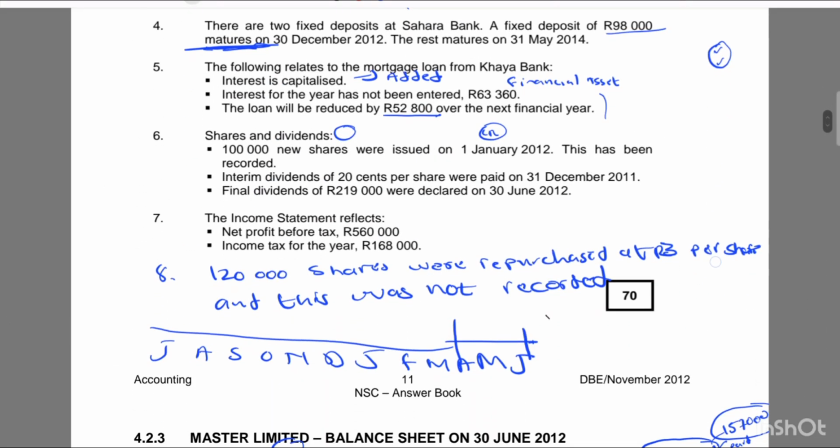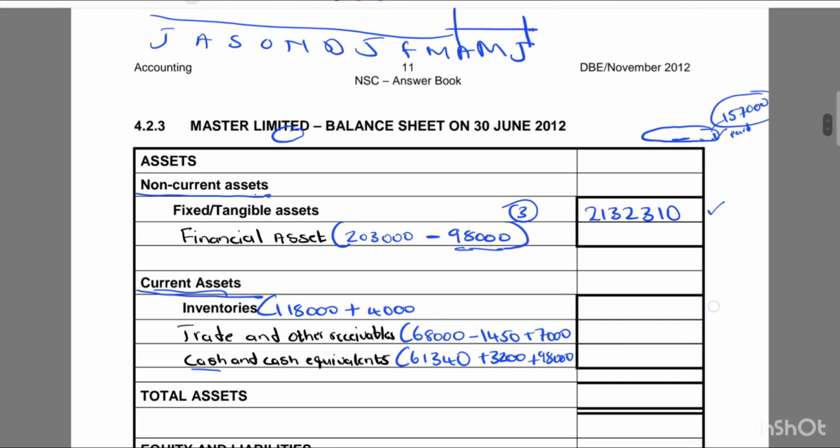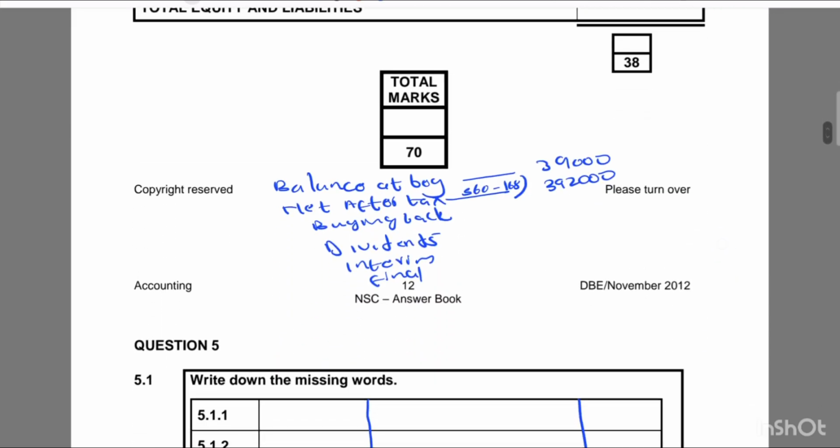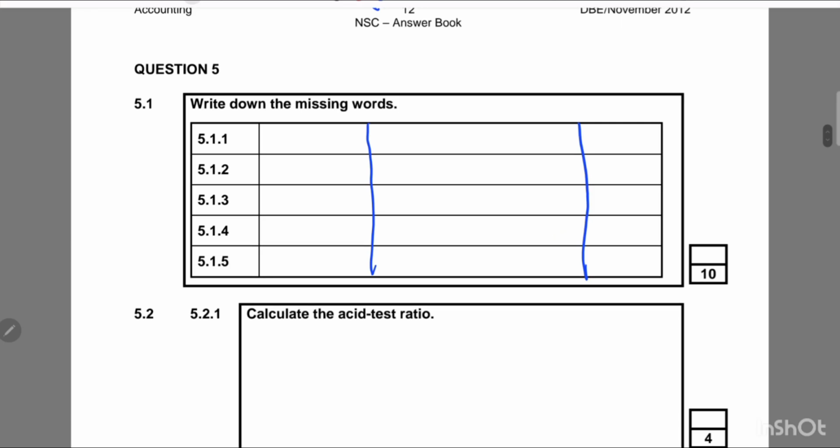It means that the 730 includes the 100,000 shares which were issued during the year. So how do I get the shares that were issued at the beginning of the year? It's going to be 730 minus the 100, so that means 630,000 shares issued at the beginning of the year.